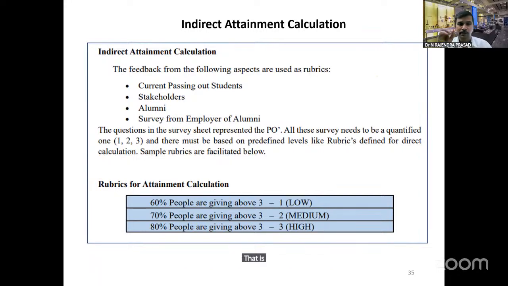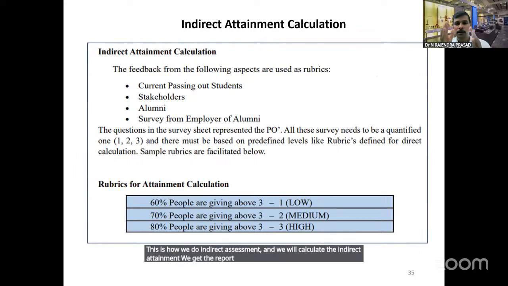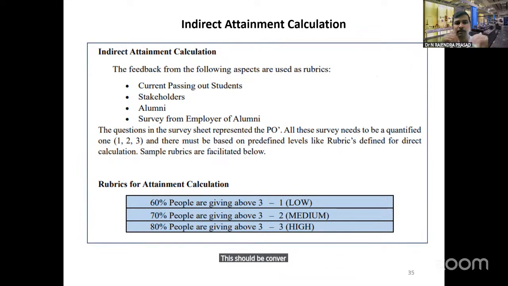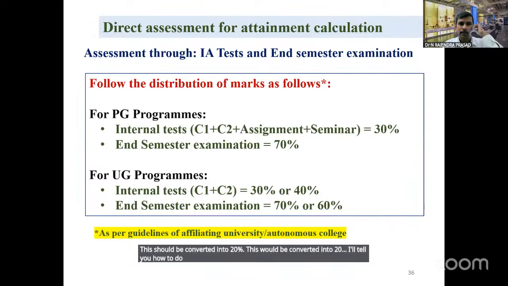The student extraordinarily achieved in attaining that particular PO. This is reflected while doing the indirect assessment. This is how we do indirect assessment, and we will calculate the indirect attainment. We get the report. This should be converted into 20%. This should be converted into 20. I'll tell you how to do that.